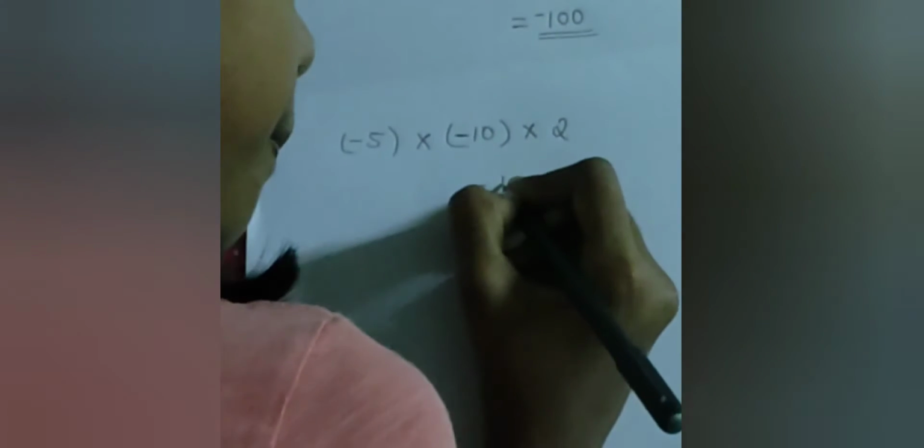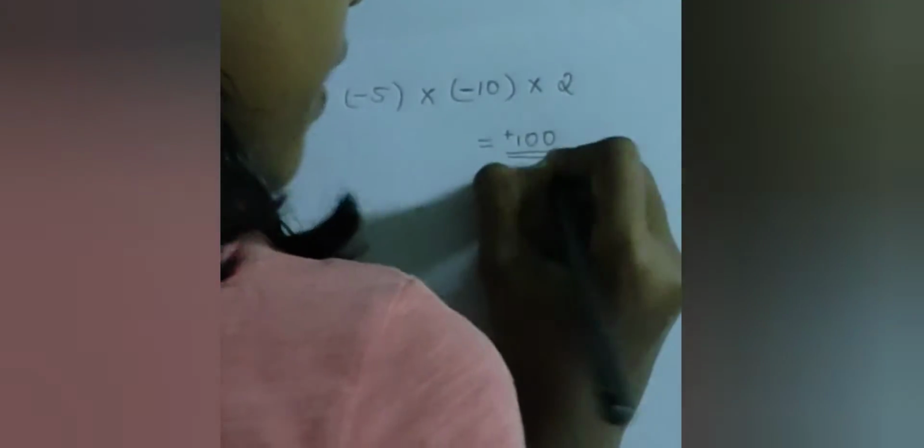Now we have to check how many negative integers we have. 1, 2. The number of negative integers is 2. 2 is an even number. So the answer is positive 100.